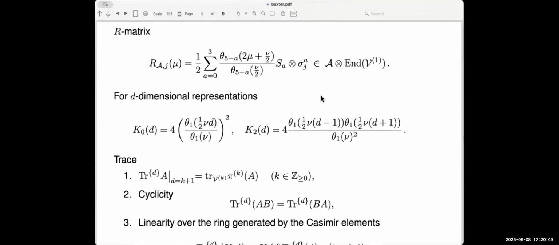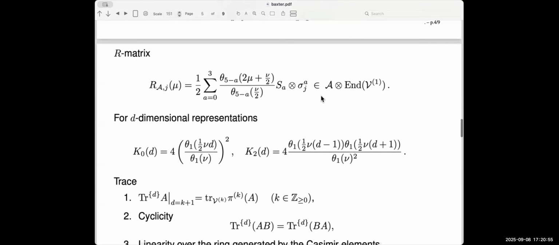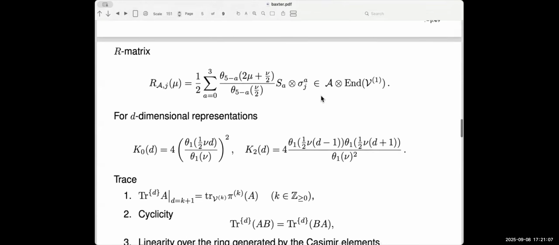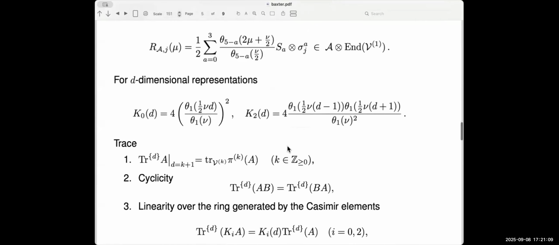It should be said that we have finite dimensional representations. I don't write the formula for finite dimensional representations of the Sklyanin algebra, but there are formulas for them. And on finite dimensional representations, the Casimirs take these values.